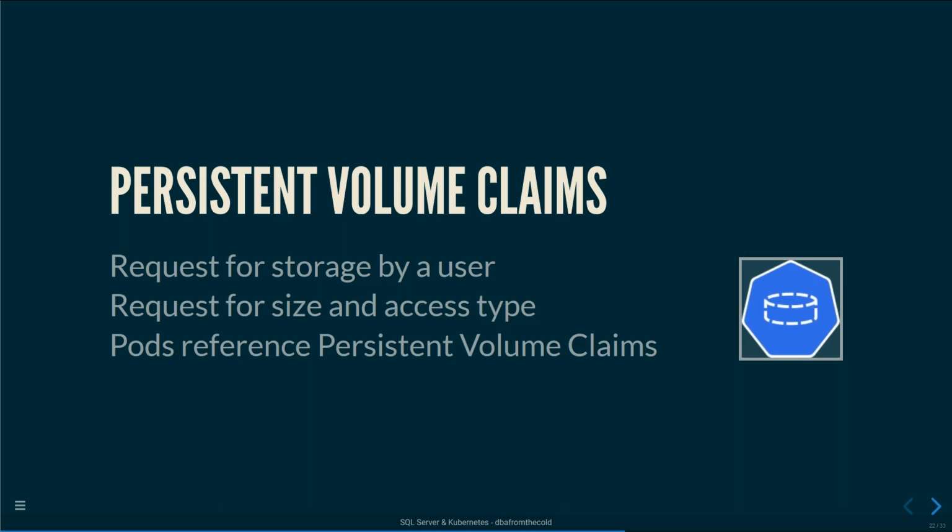That means only one node at a time can write to my volume, which for a SQL Server instance is pretty much the way I want to go. And then we reference the persistent volume claim in our pod spec, and we don't reference the persistent volume. So the pods use the persistent volume claim, which then attaches the persistent volume.